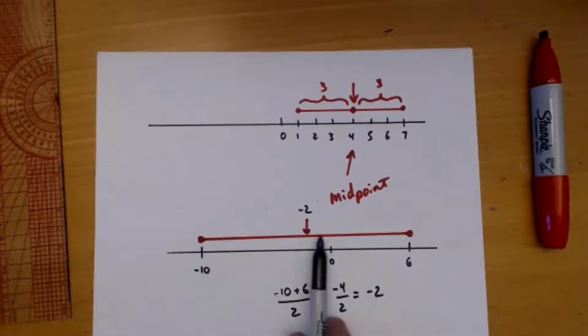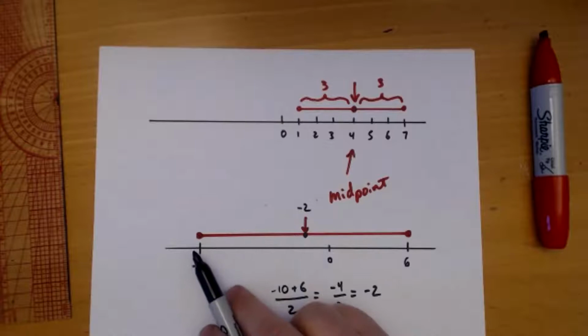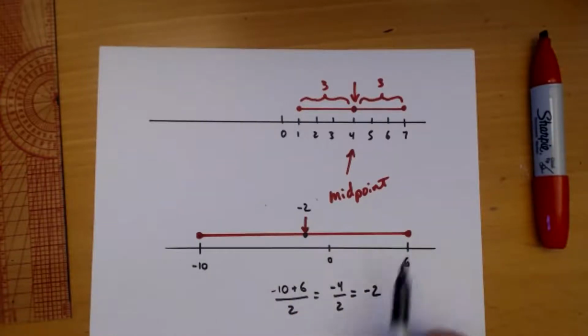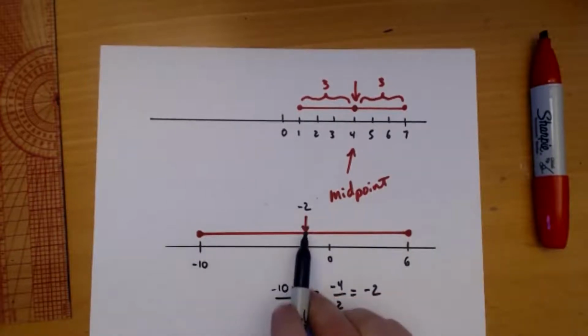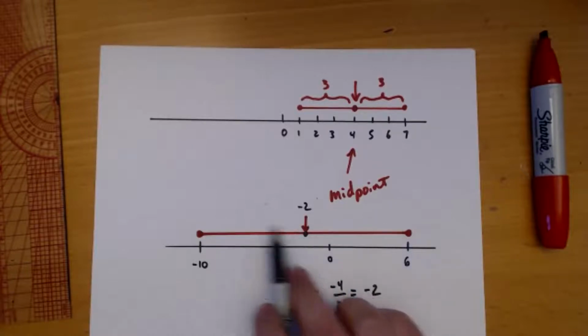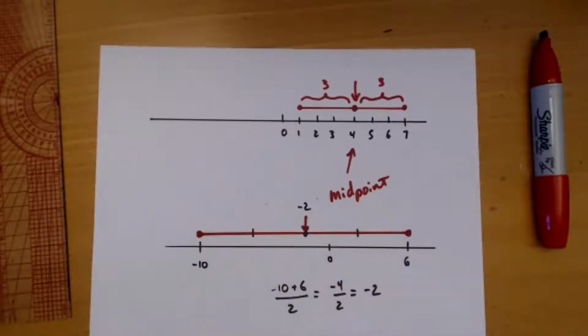And that distance between the midpoint and -10 is the same distance as this midpoint to that endpoint. Okay, so when we have segments that we know are equal in length, they're equal in size, we put little tick marks on them.